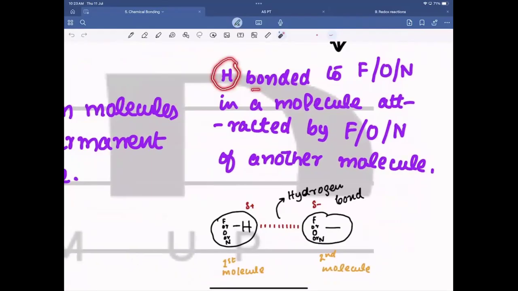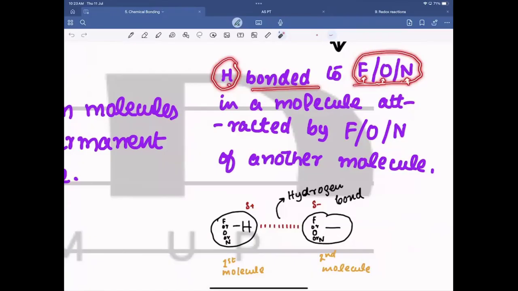And secondly, that hydrogen is covalently bonded to either fluorine, oxygen, or nitrogen in the molecule. Is this understandable?